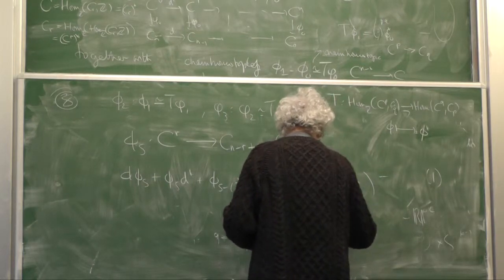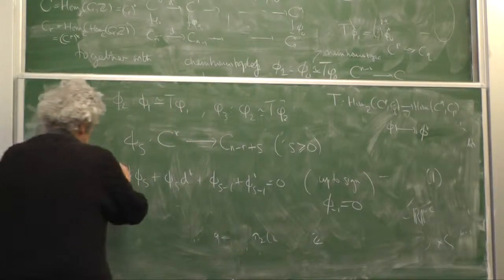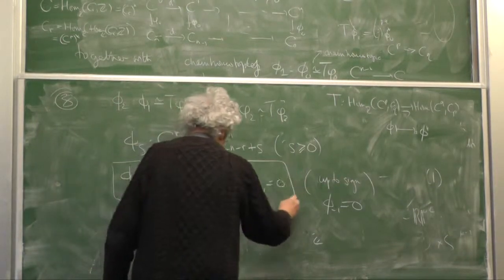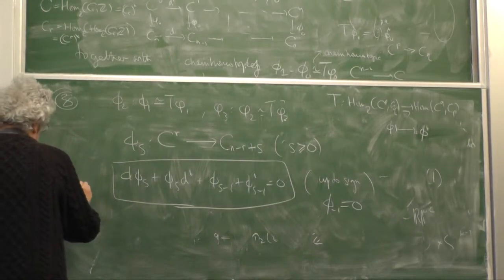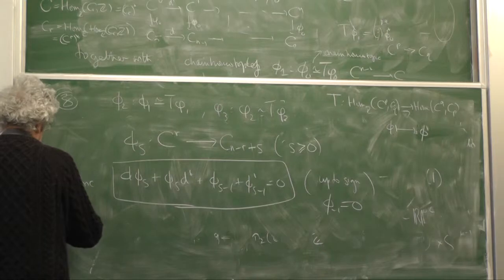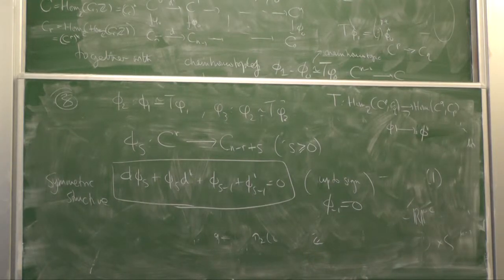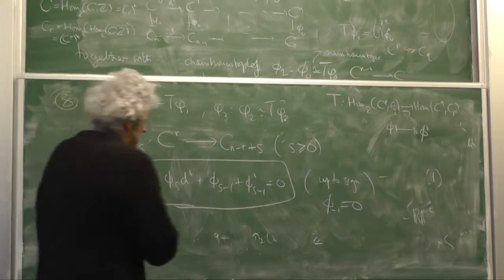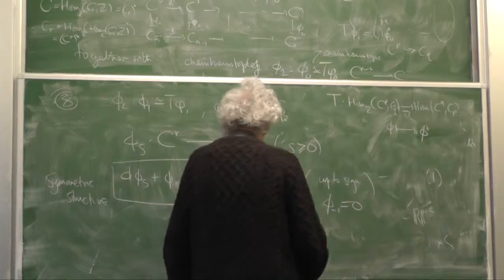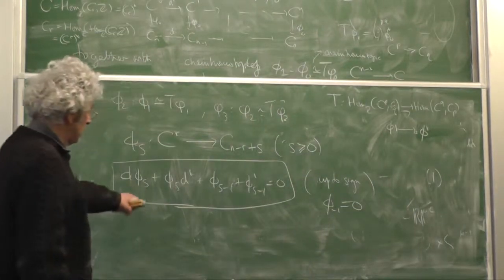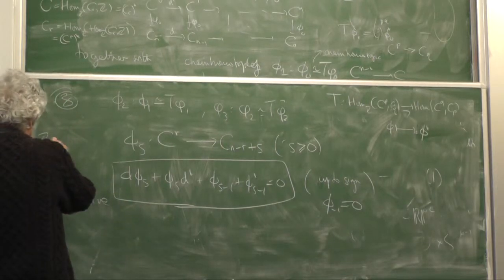And by convention, phi minus 1 is here. So that's a symmetric structure. Okay, that's the end of the definition of an n-dimensional symmetric complex. Except for phi naught, these aren't chain maps. That's right. It's a map of Z modules.